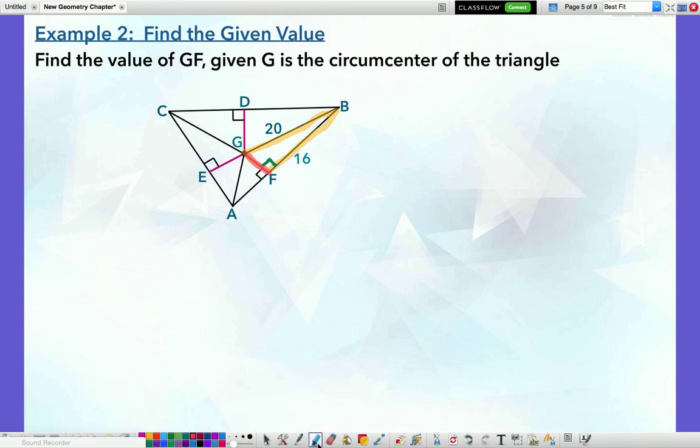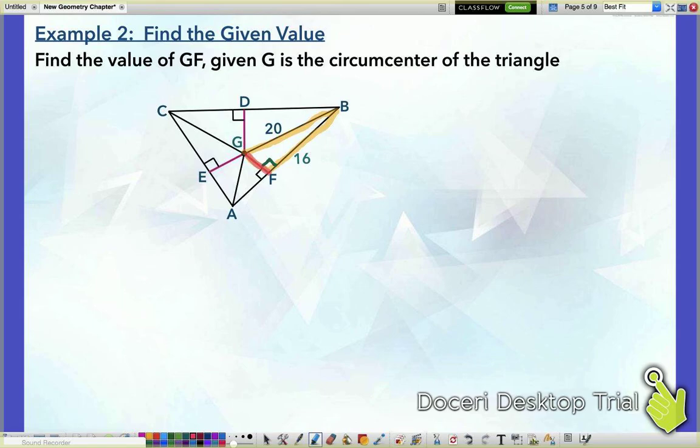How do I go about finding a missing side length in a right triangle? Anybody know? Starts with a P. It's a theorem. Starts with a P, ends in Pythagorean. Pythagorean theorem. So what is that exactly again?